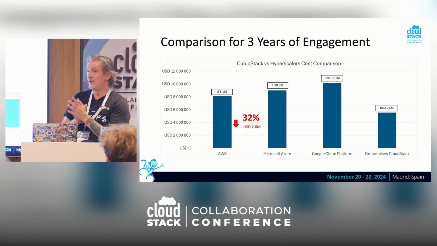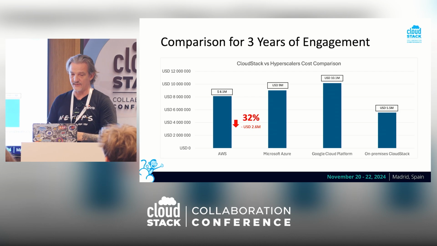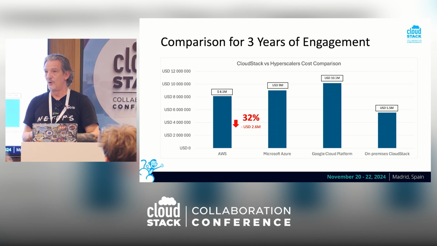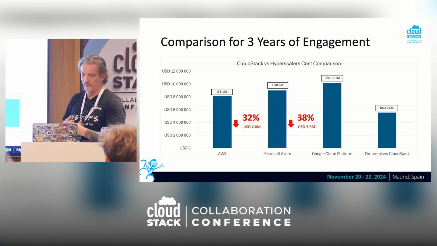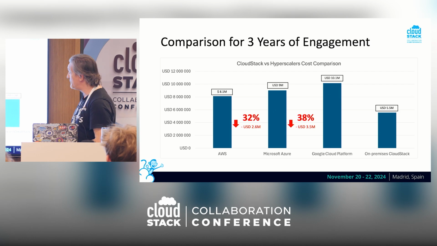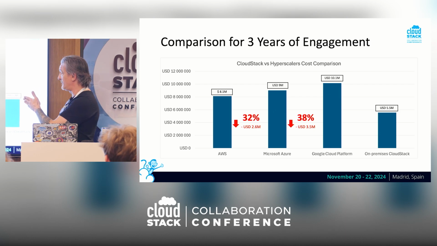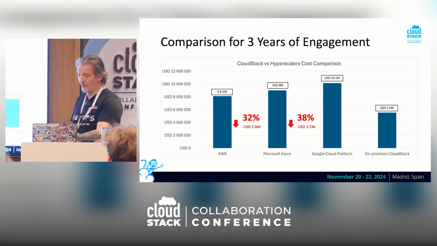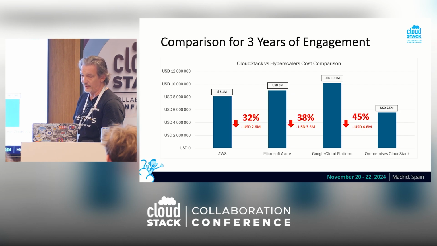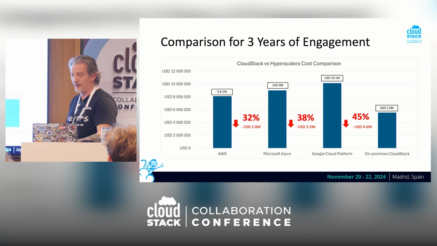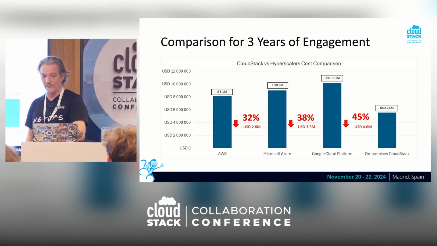It means you will save around 2.6 million US dollars. Comparing with Microsoft Azure, you have a reduction of 38%, and you will save about 3.5 million, and with Google, 45% and 4.6 million US dollars.